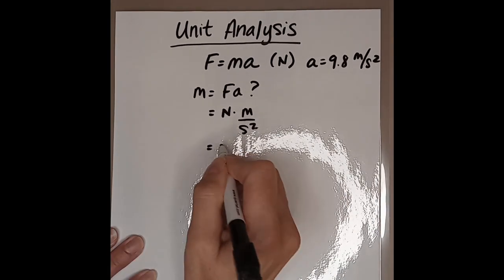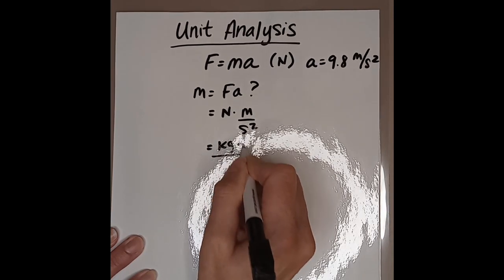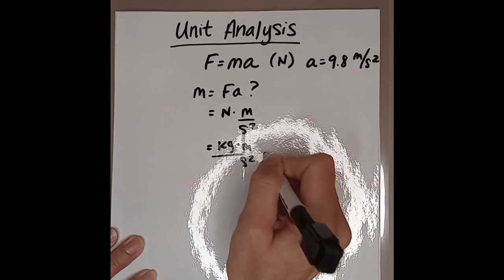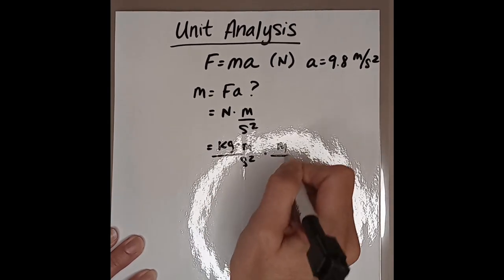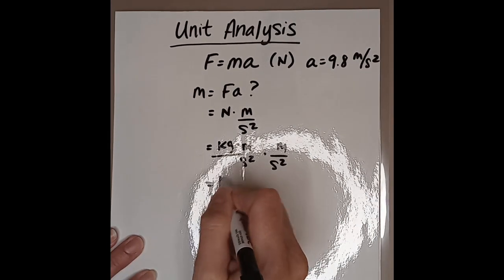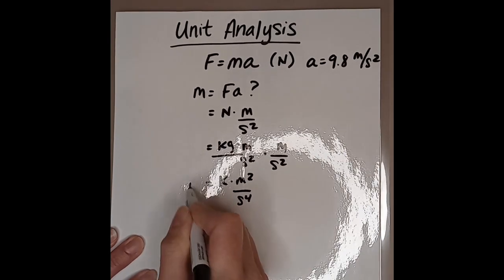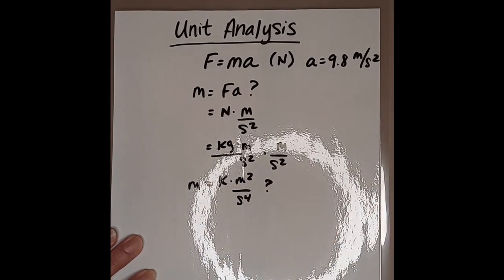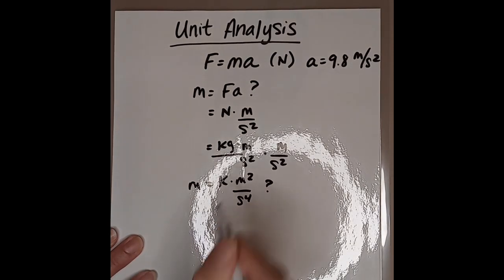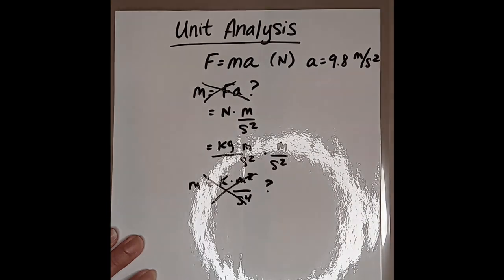And a newton is a kilogram times meter per second squared. So already our units are looking pretty weird here. So we have kilogram meter squared over seconds to the fourth. Does that look like a mass? Nah, not really. So clearly that is not right.